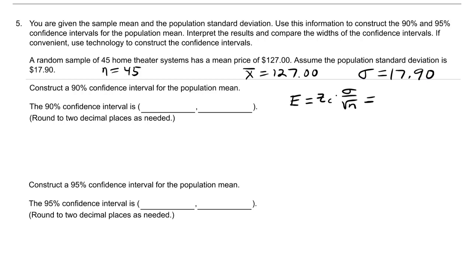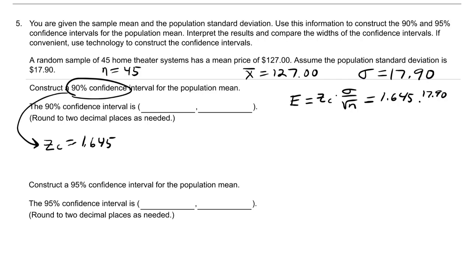So now if you remember back from the chart there, a 90% confidence level gives a critical z value of 1.645. So we're going to do 1.645 times sigma, which is 17.90, over the square root of 45, and this is going to give us approximately 4.39. We're then going to just add.